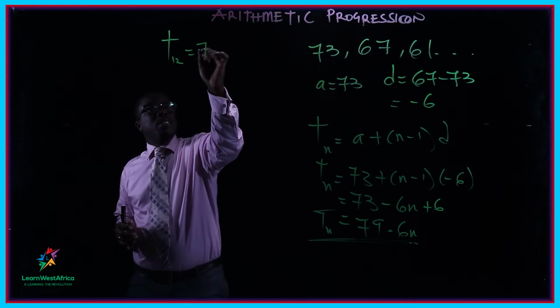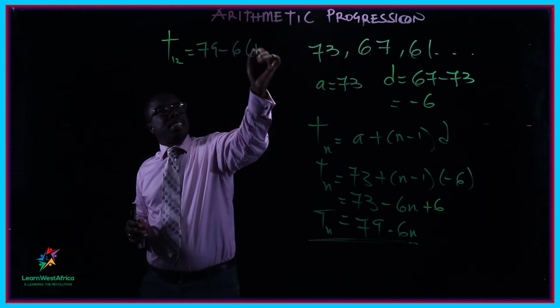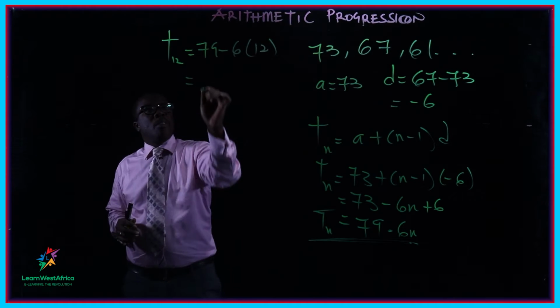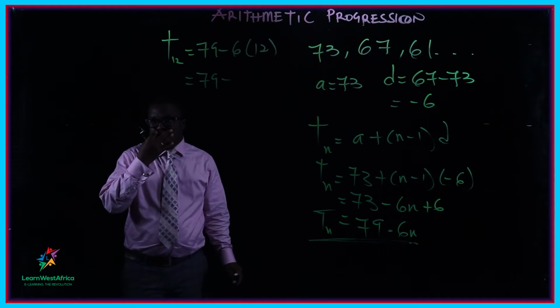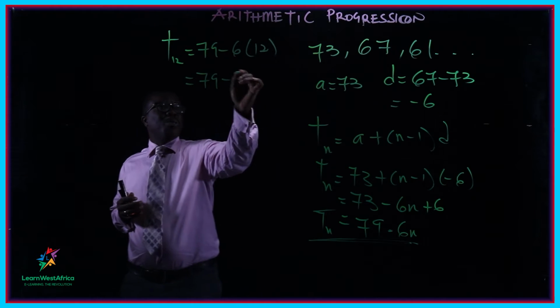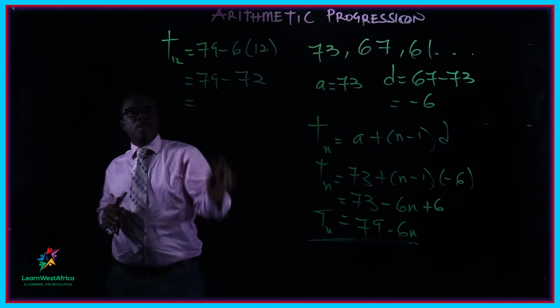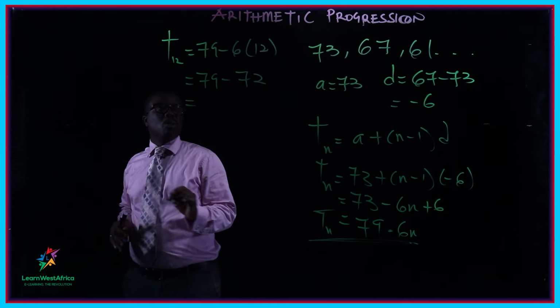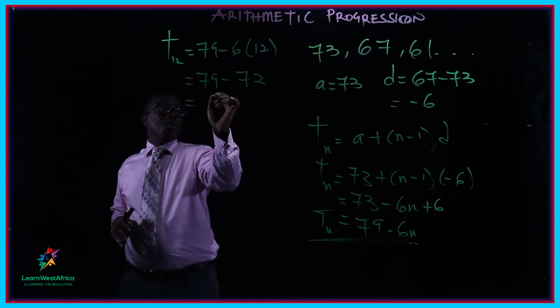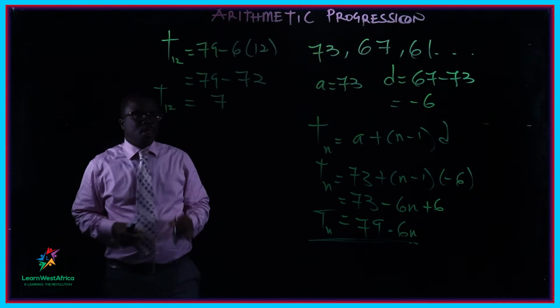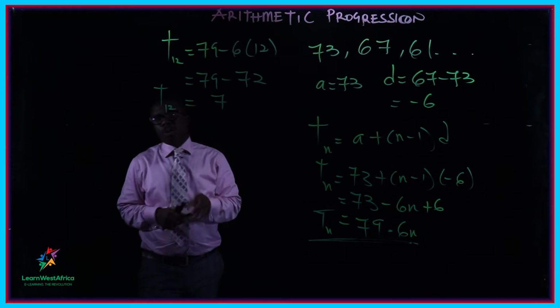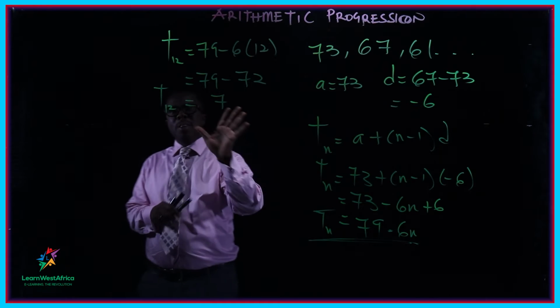That's going to give you 79 minus 6 times 12. What is 6 times 12? 72, obviously. So 79 minus 72 should give you 7. So the 12th term of this AP is 7.